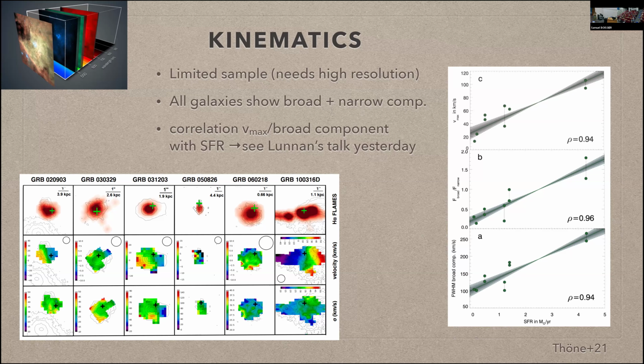We saw that all GRB hosts, if you look at the prominent emission lines, have a narrow component, which is the main bulk of the gas, and some broad components. All of them had that. And the broad component and the maximum velocity correlate with the star formation. So there is some indication that there are quite some outflows going on, probably from the intense star formation in those galaxies.